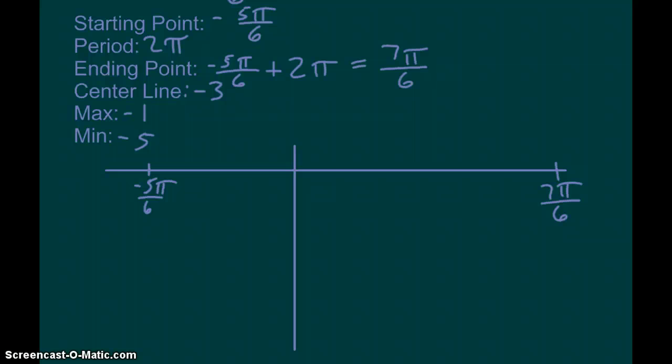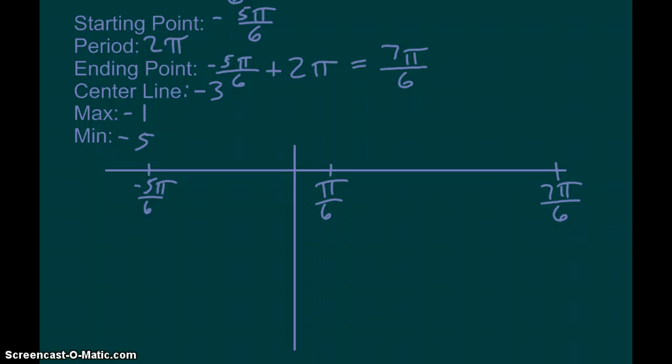We need to find our middle points. Our middle points are going to be in the middle of -5 pi over 6 and 7 pi over 6. We add them together and divide by 2, giving 1 pi over 6. Halfway between -5 pi over 6 and 1 pi over 6, you add them together and you get -4 pi over 6.